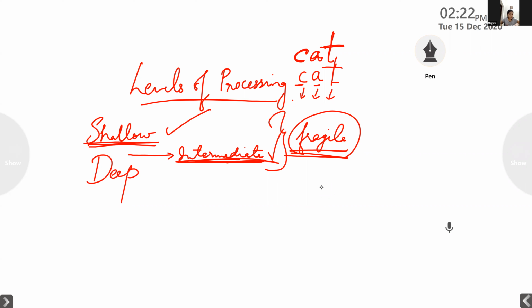You can also invoke an image of a cat and connect that image with your experiences. To sum up, analyzing information in terms of its structure and phonetic features amounts to shallow processing, while encoding it in terms of the meaning it carries, the semantic encoding, is the deepest processing level that leads to memory that resists forgetting considerably.